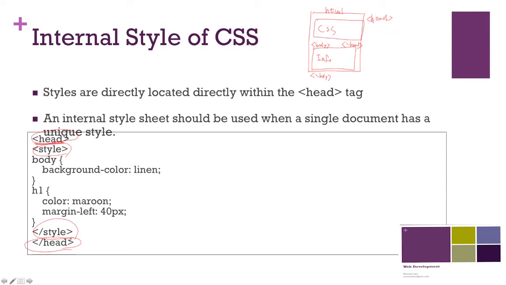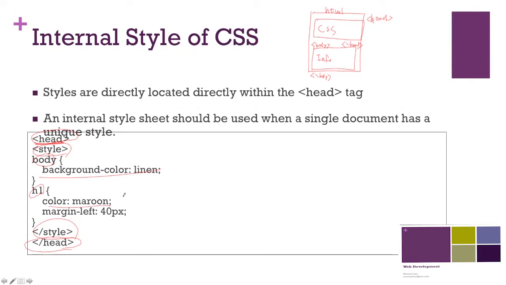Now, the same rule: you don't have to remember this name, style and closing style, because Dreamweaver will do exactly the same thing for you. What you need to do is, oh, I want to change body background color and H1. That's it. So the same thing, either you put all the CSS information in an external file or as part of your HTML. That's the only difference between external and internal.